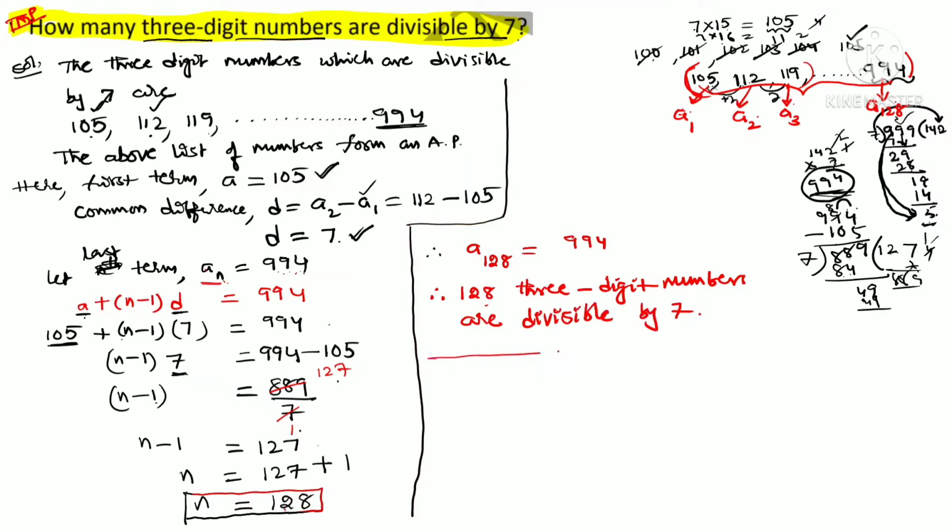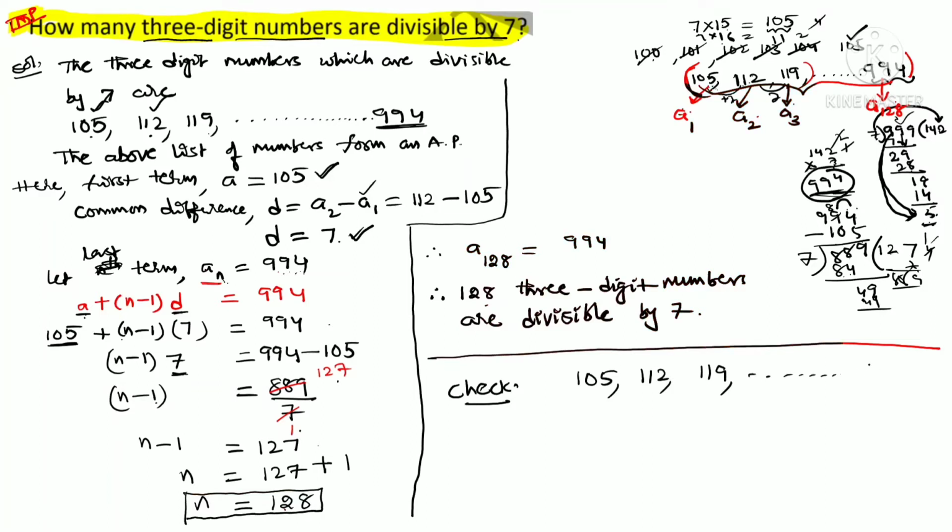Then the checking process, a shortcut. Checking: the first number is 105, the second number is 112, the third number is 119, and the ending number is 994.